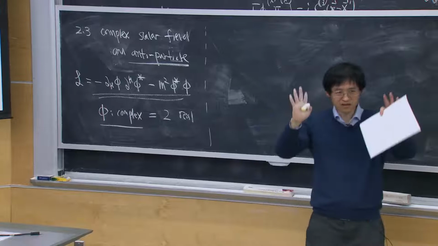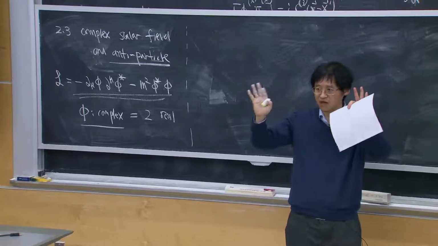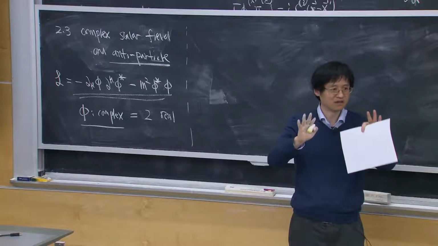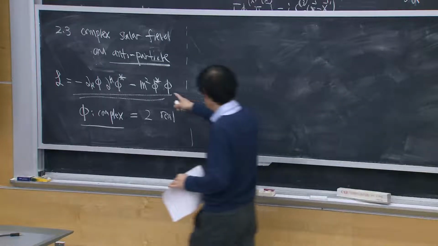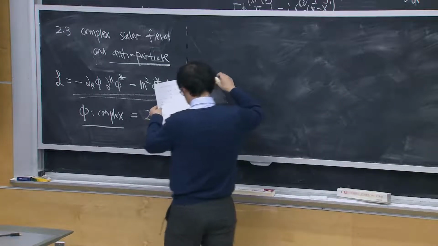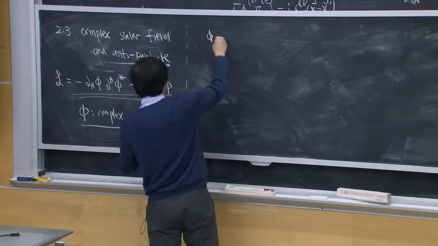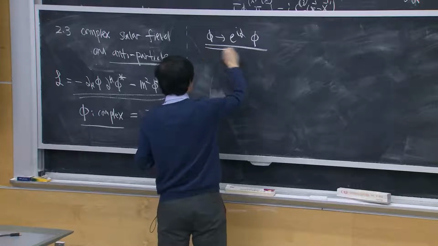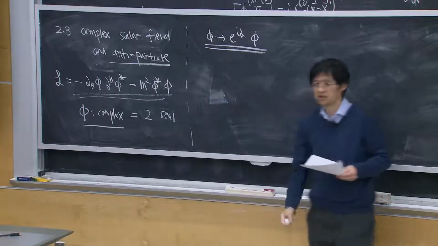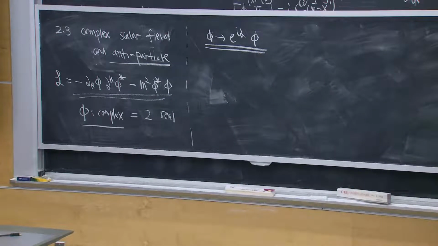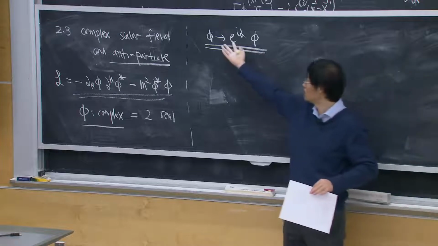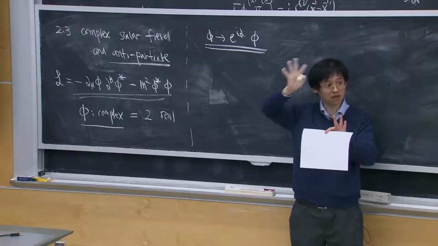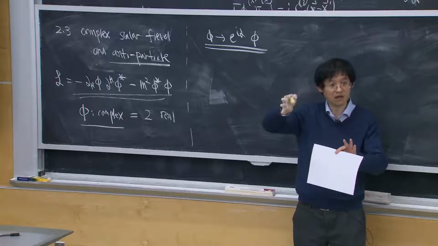If I write it as two separate real scalar fields, the phase symmetry is not manifest. Here phi goes to exponential i alpha phi, and you immediately see that symmetry. When you write it in terms of real and imaginary parts, this corresponds to a rotation between the real and imaginary parts.